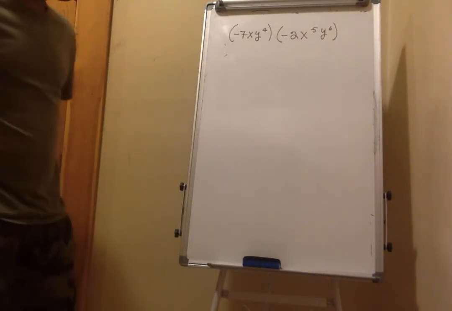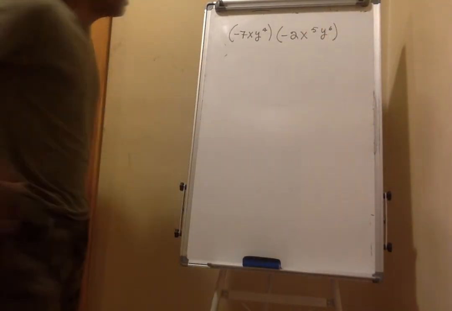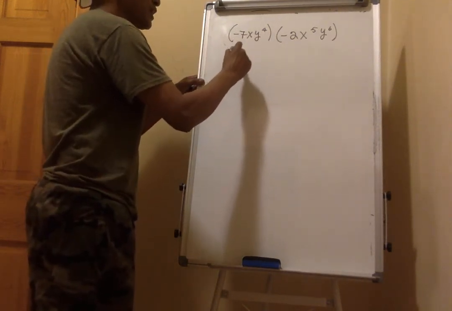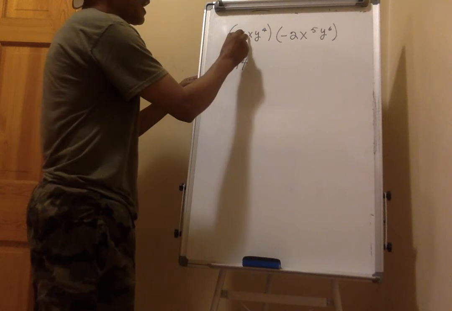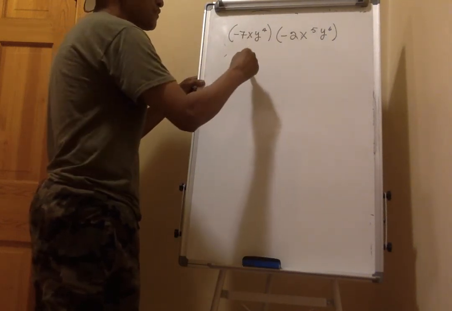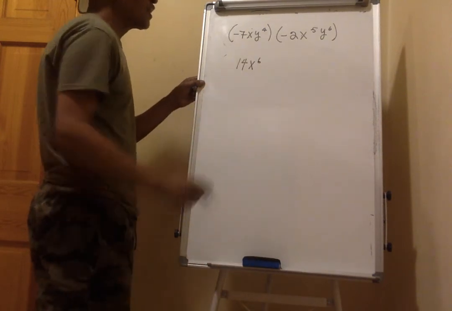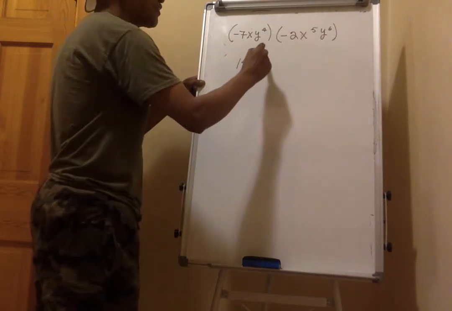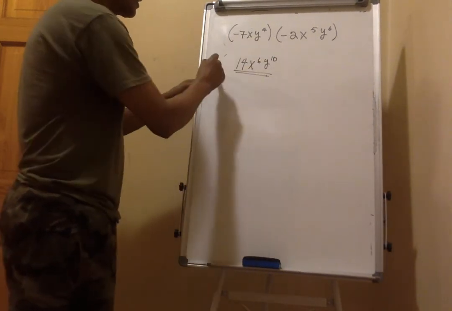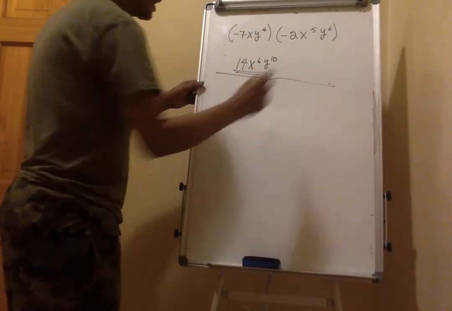This is an example of a product rule. Now go ahead and multiply negative 7 times negative 2, it is 14. Then x times x to the fifth, meaning x to the first times x to the fifth, gives you x to the sixth. Y to the fourth and y to the sixth gives you y to the 10th. And we're done.